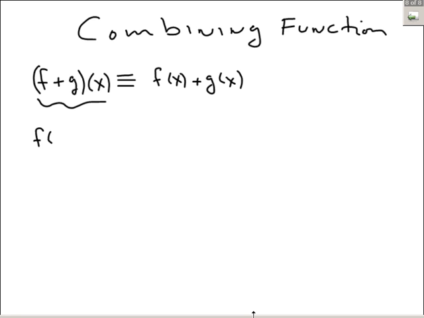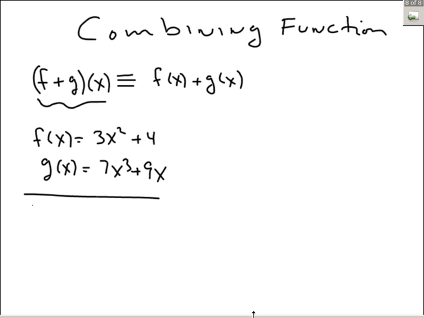So for example, if f of x was 3x squared plus 4, and g of x was 7x cubed plus 9x, if somebody asks you to find f plus g of x, well, if you add the left side, you get f plus g of x. That's how it was defined.